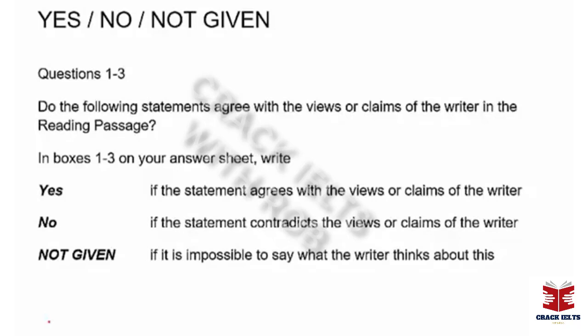That you will not find with true, false, not given. But the differences are very small. If you look simply for whether or not the statement is confirmed or contradicted or not found, it works for both of these kinds of question types. So the differences are not big. I wouldn't dwell on those or really worry about what the differences are between them, as long as you understand what you're looking for in both of them.